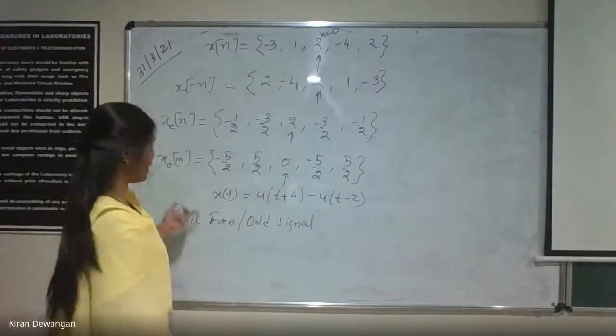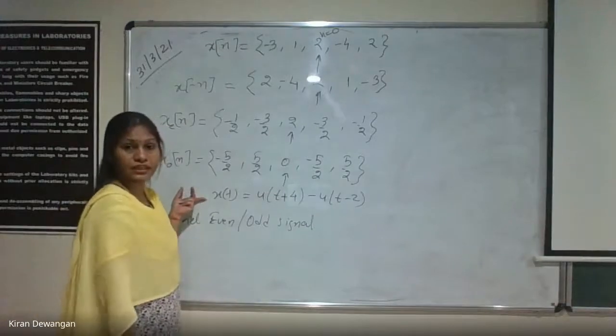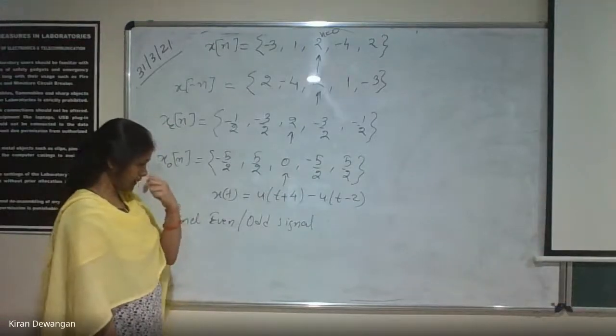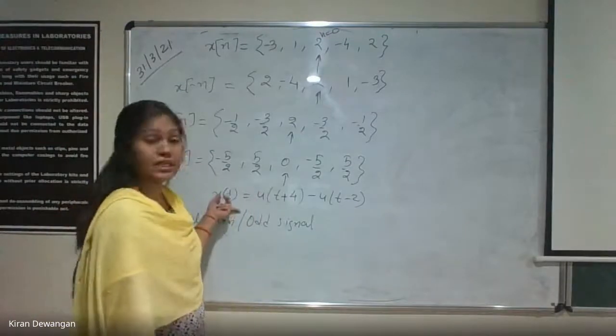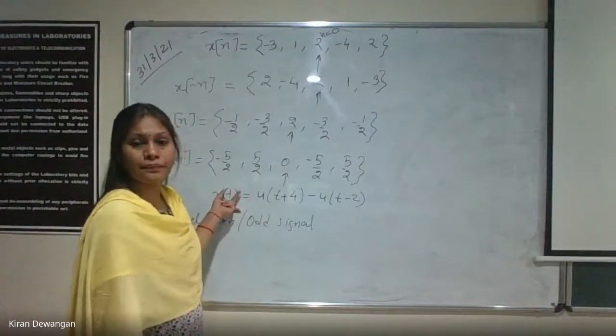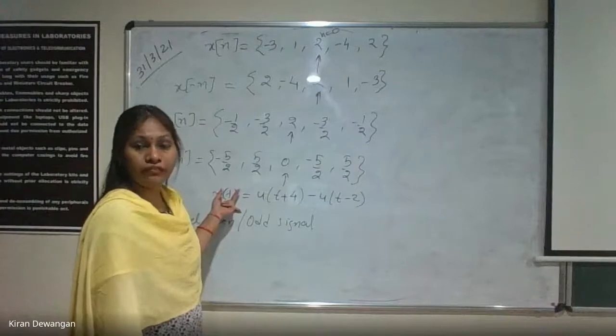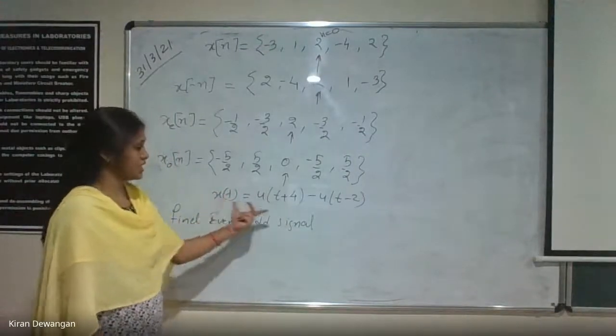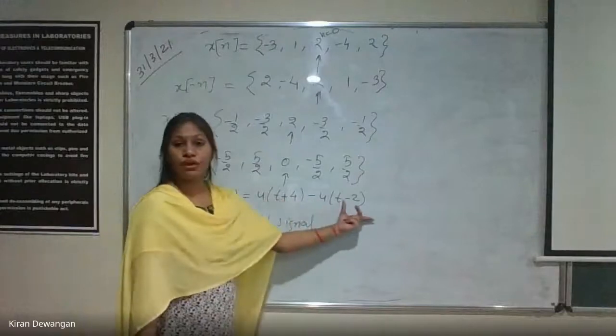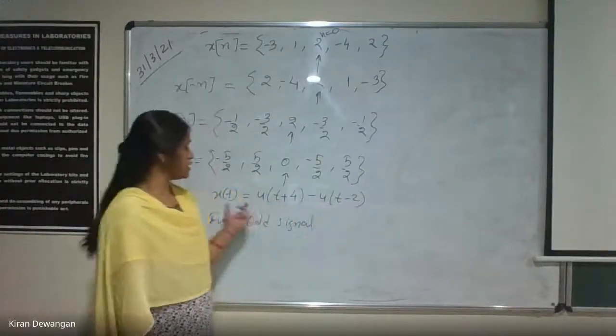How will we find out whether the signal is an even or odd signal? Yes? By finding out x of minus t. This is x of t given to us: u of t plus 4 minus u of t minus 2. ठीक है? This is our x of t.